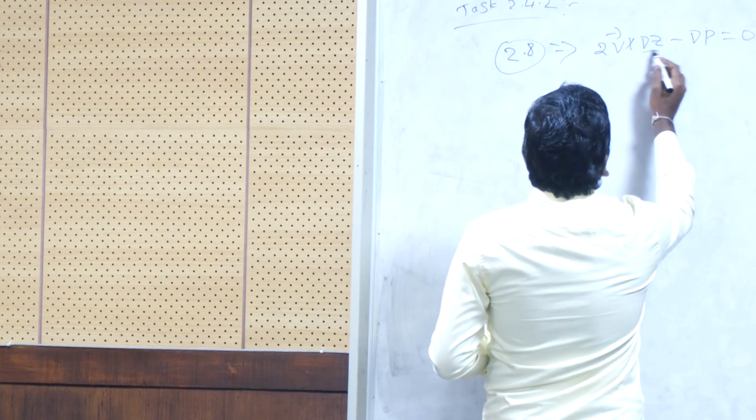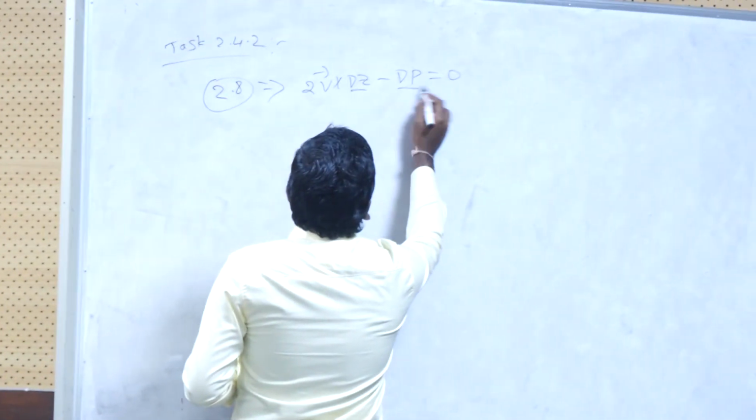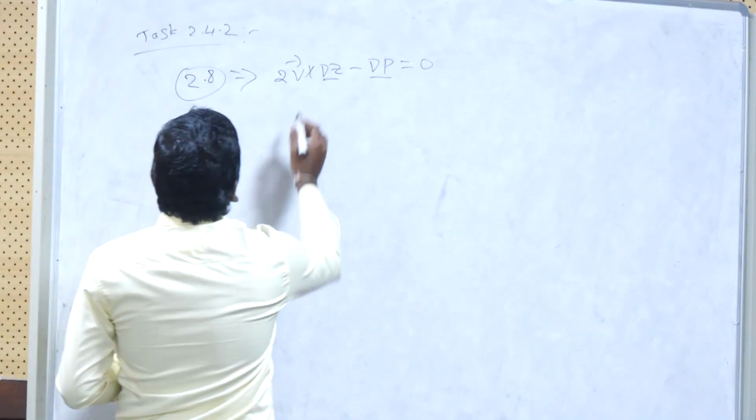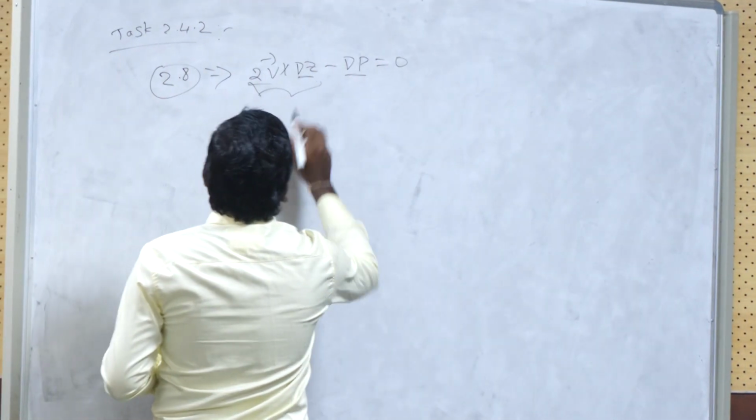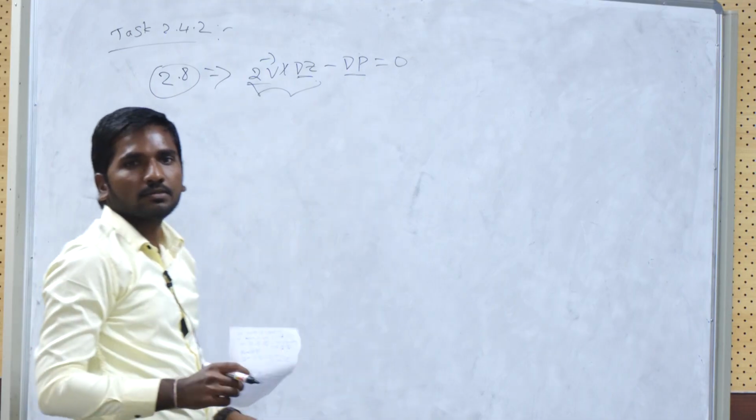Here del z is the unit vector in the z direction, this is the pressure gradient, this whole term represents the Coriolis force, and this term represents the gradient of the pressure.